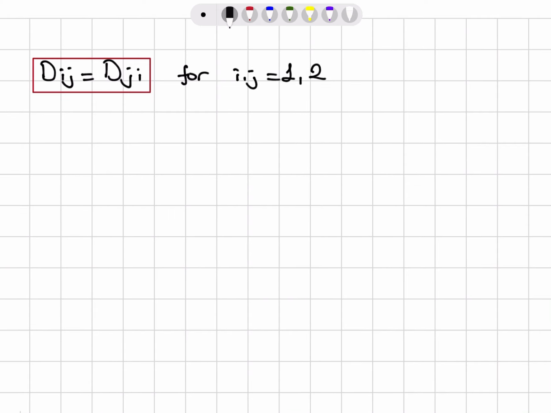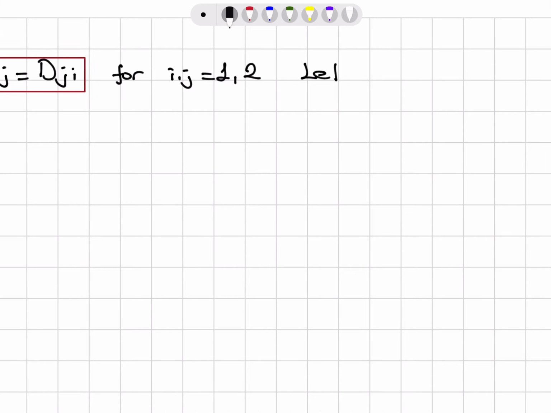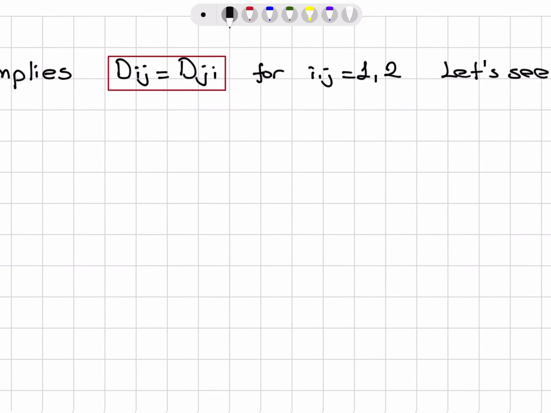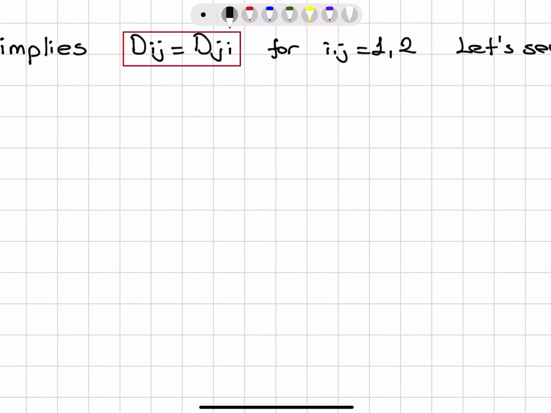And let's see this explicitly. Now I have the D matrix, with the V matrix pre-multiplied by the D matrix. This is D11, D12, D21, D22.